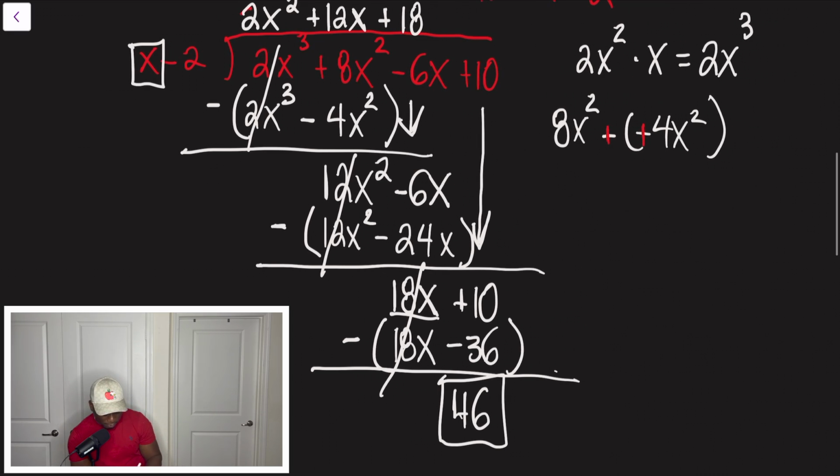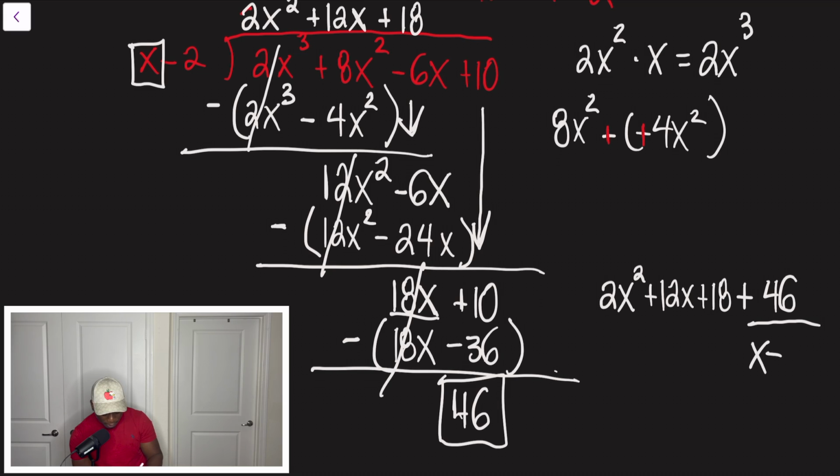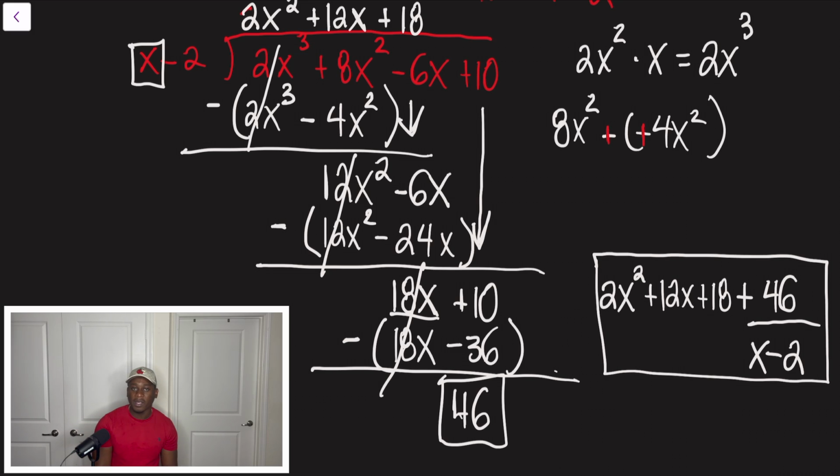We're going to have a final answer of 2x to the second power plus 12x plus 18 plus, and then we're going to put our remainder of 46 all over what we were dividing by, which was x minus 2. All right? So when we have a remainder, guys, put your remainder at the end of the problem as a fraction over what you were dividing.